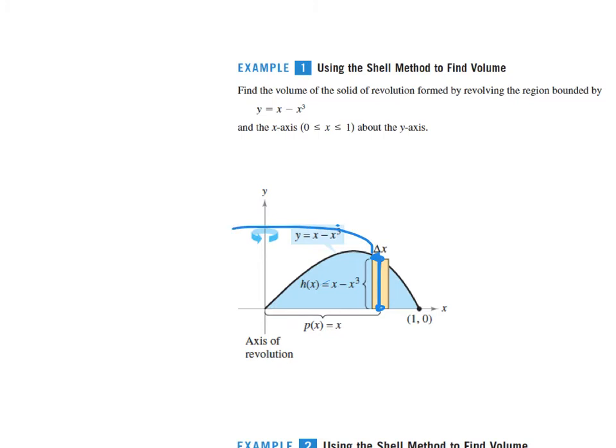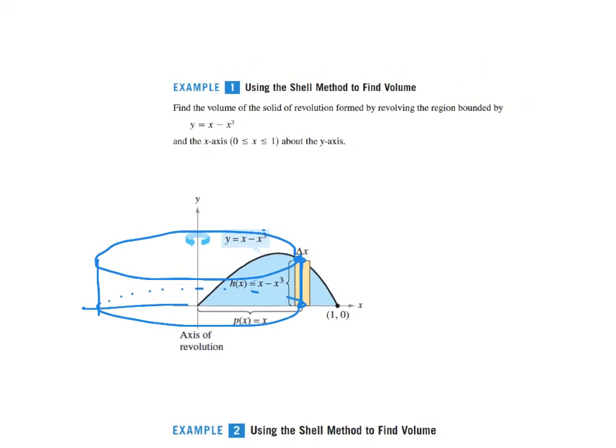As that blue line rotates around the axis, it makes the lateral surface of a cylinder. This represents the path of one line that goes through here.